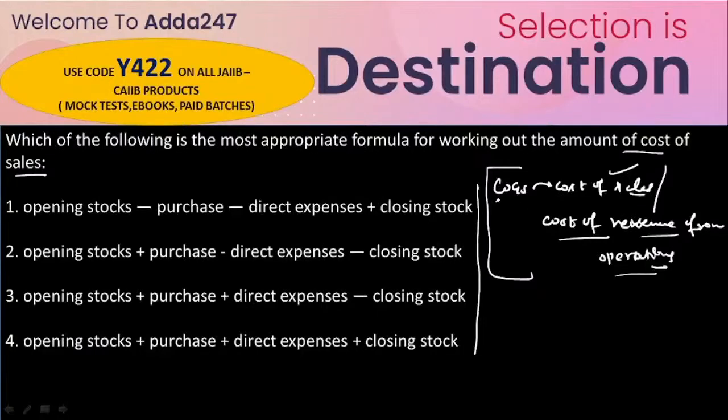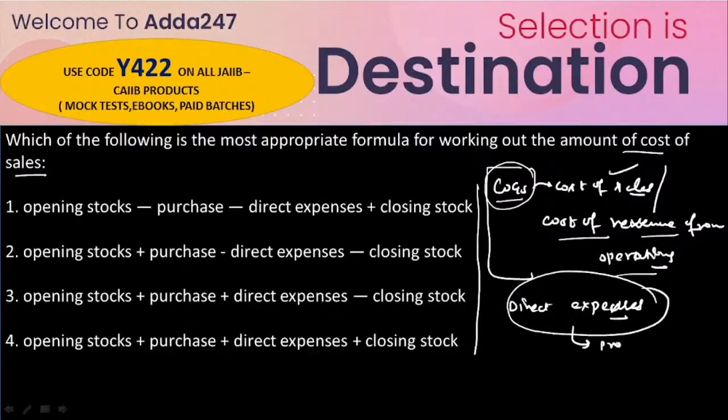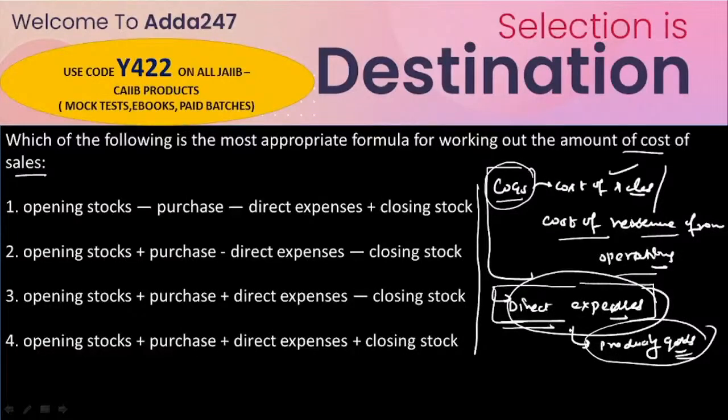Whatever cost we include in the cost of goods sold is related to our direct expenses, that is, expenses incurred on producing the goods, like labor charges.